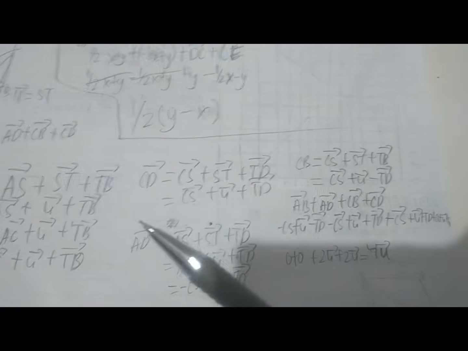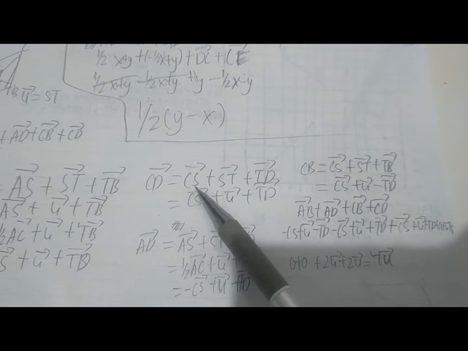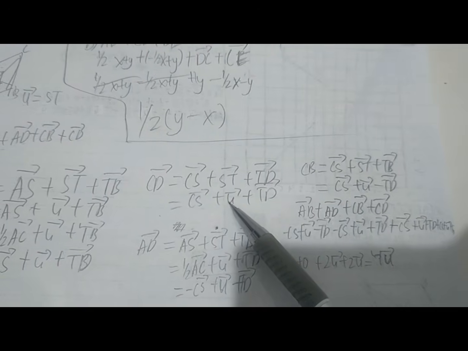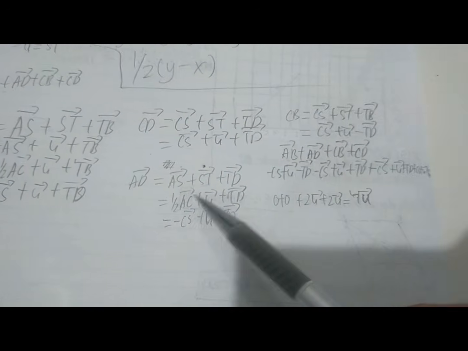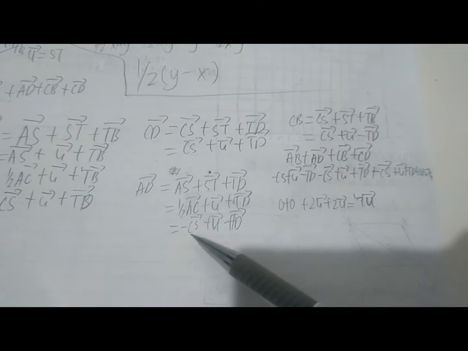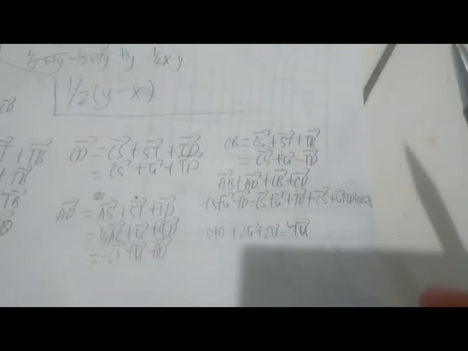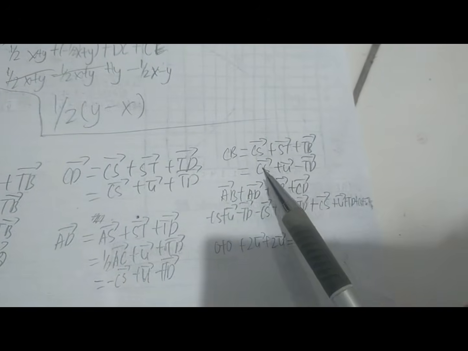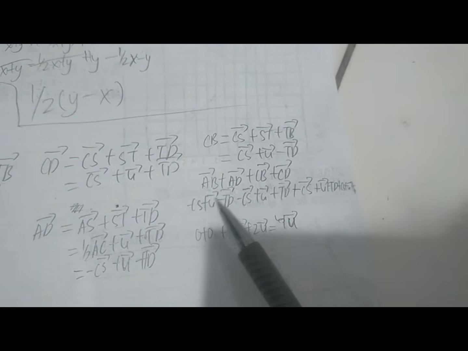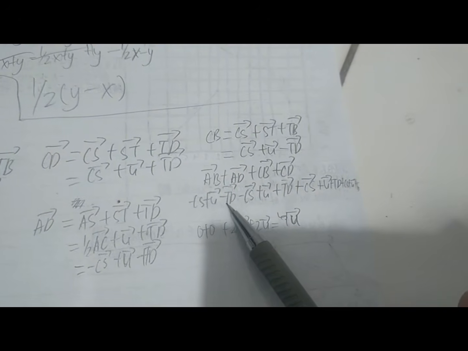Just make the others the same: CS vector, U vector, TD vector, AD, ST, TD, half AC, UD minus CS, U vector, TD vector, and these two. After that, combine all: CS plus U vector plus TD.